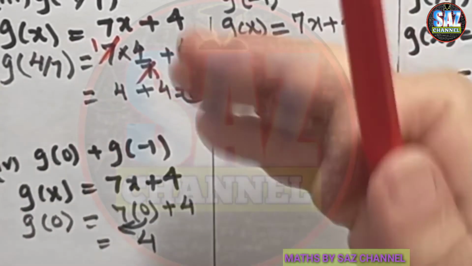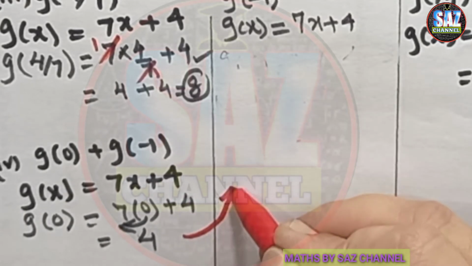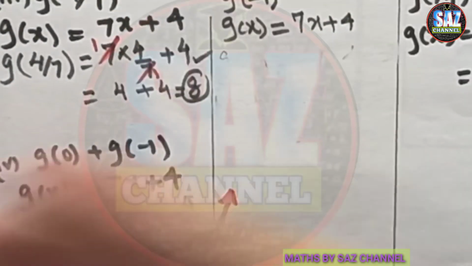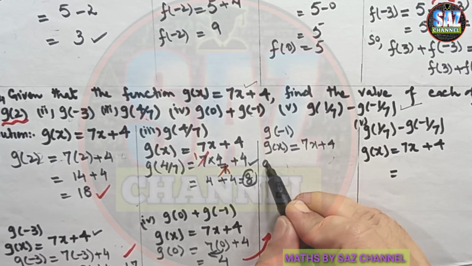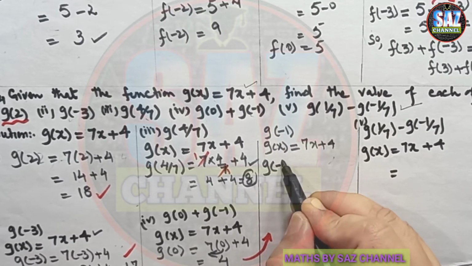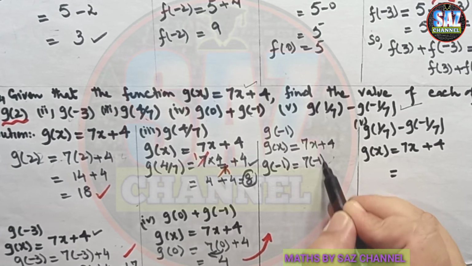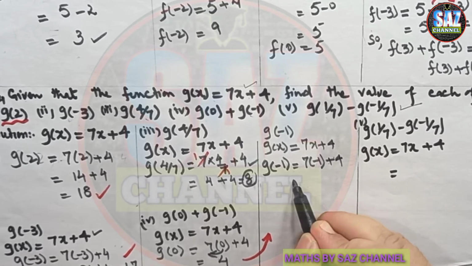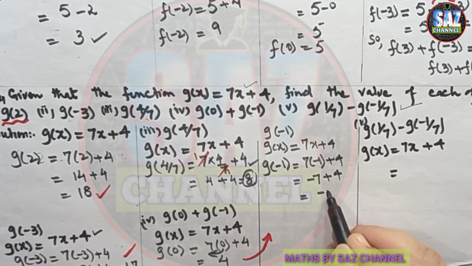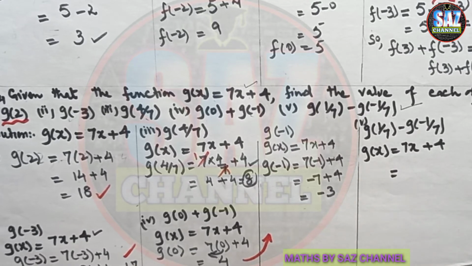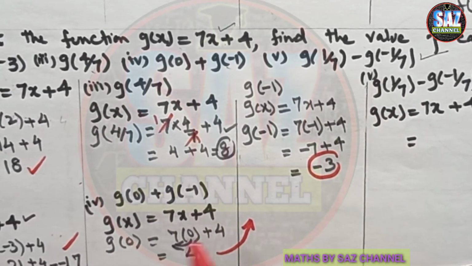Now g of minus 1 can be evaluated by replacing x by minus 1. This is 7 into minus 1 plus 4, which is minus 7 plus 4, which is equal to minus 3.